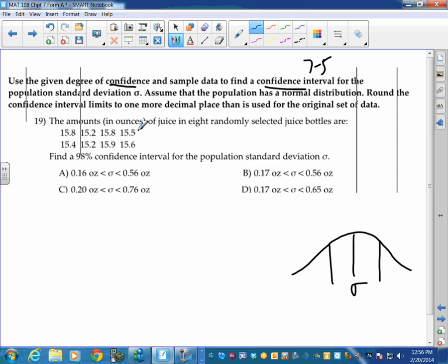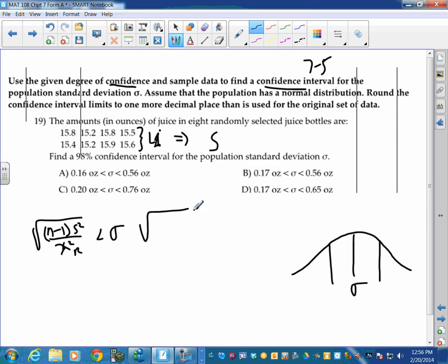You put those numbers into L1. When you do that, it gives you s, for the equation square root of n minus 1 times s squared divided by chi-squared.